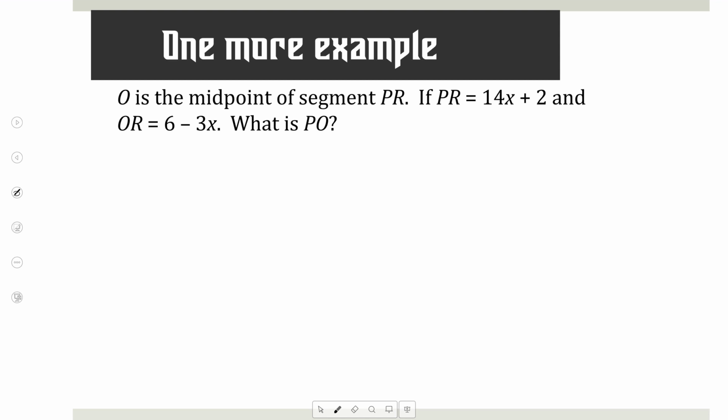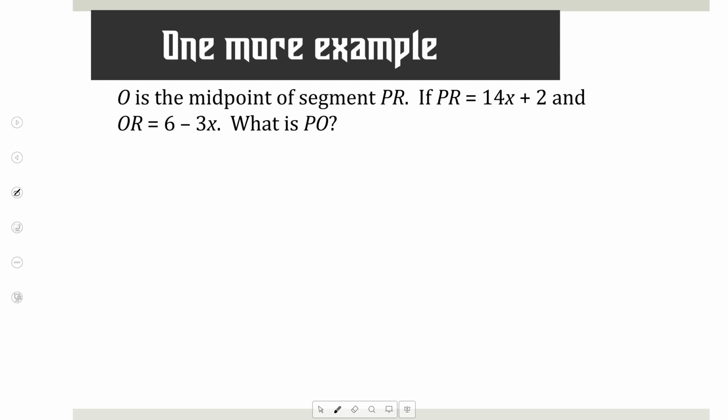Minus 6. I think it's 5x plus 2. Is it 5x? Why would it be equal? It's a midpoint. If 14x plus 5 is 6 minus 3x, that means 14x plus 2.